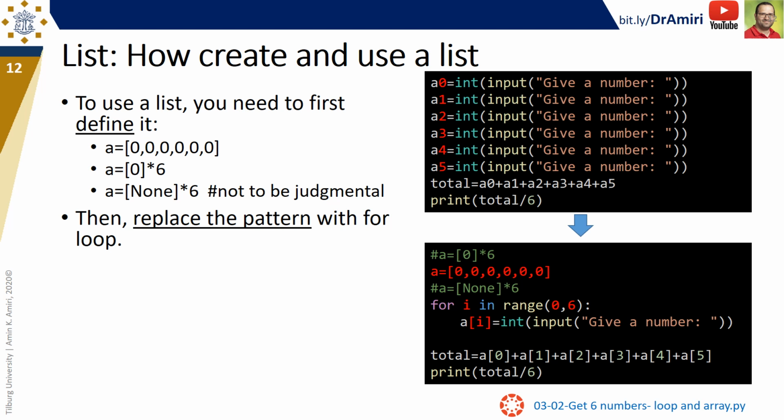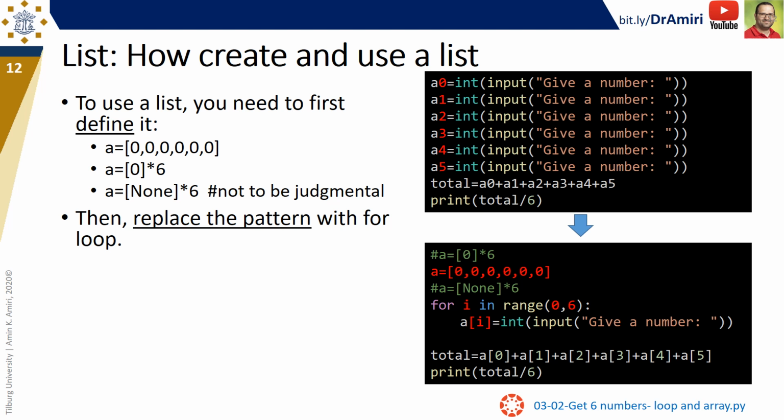You can also write down bracket 0 multiplied by 6, or bracket none multiplied by 6 if you don't want to be judgmental. That means you don't want to have assumptions regarding what should exist inside the list. Then you try to replace the pattern with for loops.